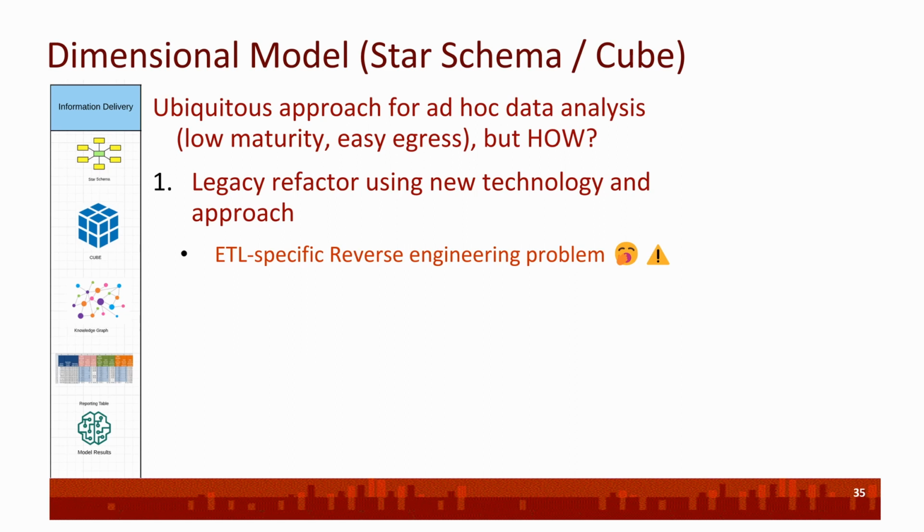We can't get our star schema built in time, and we can't get it changed in practical time, but we like it. So we set up a reverse engineering project whose success criteria is that I can produce the same star schema that is in place today. And that allows me to compare those things and move forward.